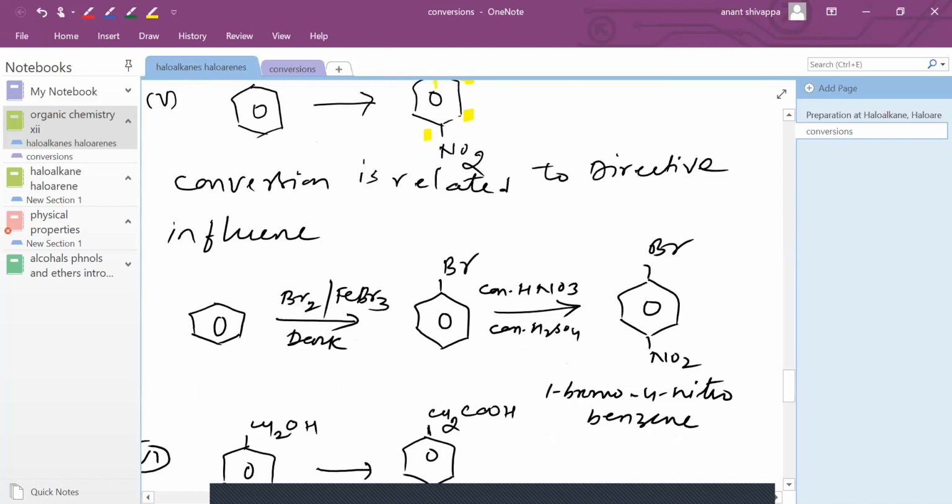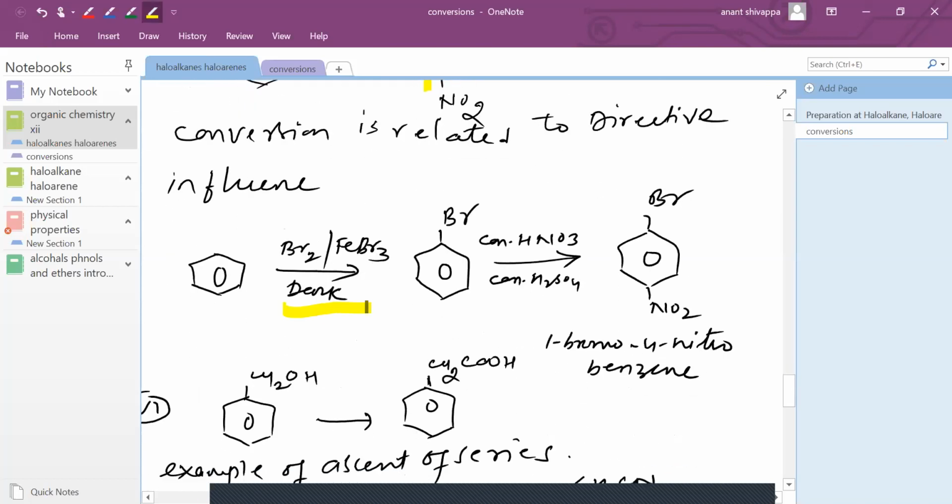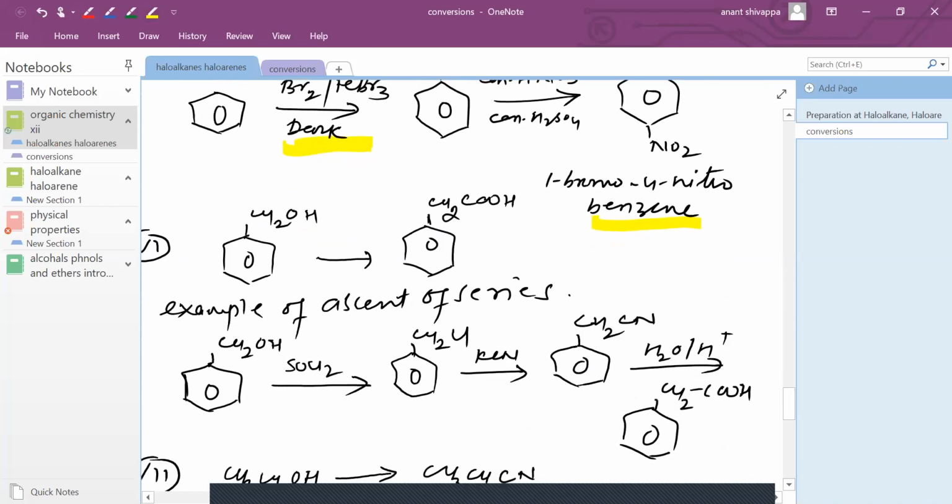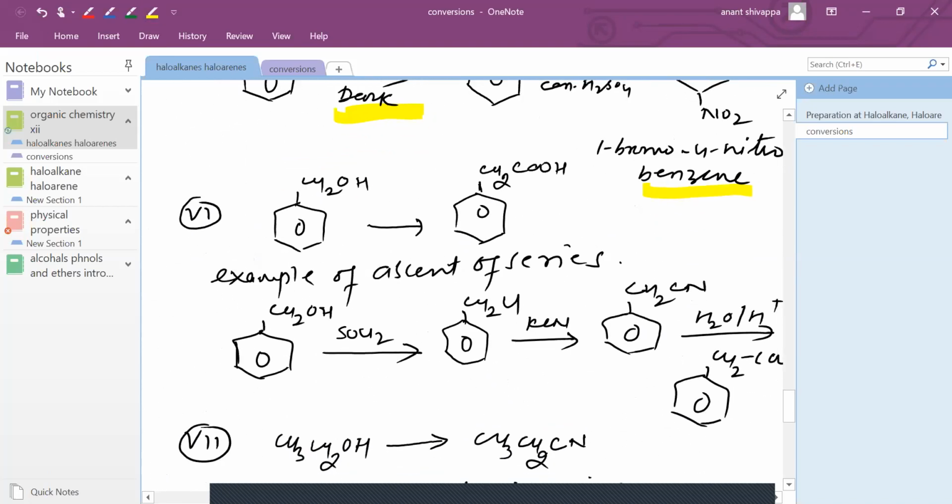So how is bromo introduced? Through halogenation. So bromo is introduced, and then this bromobenzene undergoes nitration, and then you will get major para-nitrobromobenzene or 4-nitrobromobenzene, 1-bromo-4-nitrobenzene. This is the example.